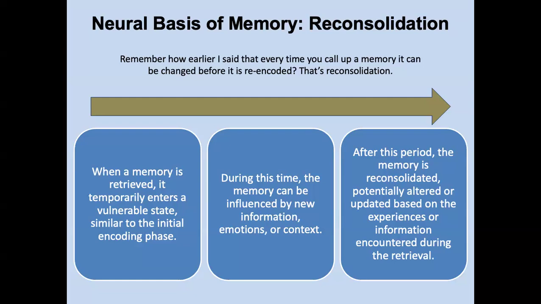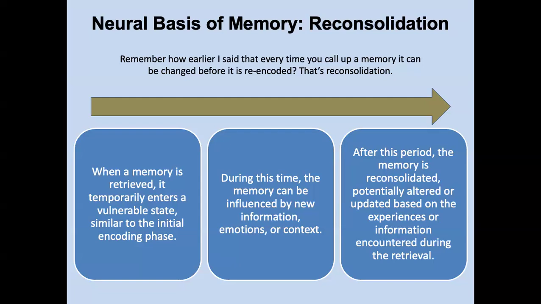That's because when you pull up a memory, you're thinking about it actively or talking about it actively. It's really vulnerable when it's in that active state. After that, it's put back into memory, and whatever changes you have made will stick.